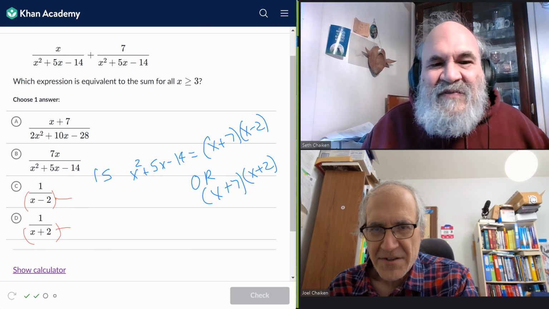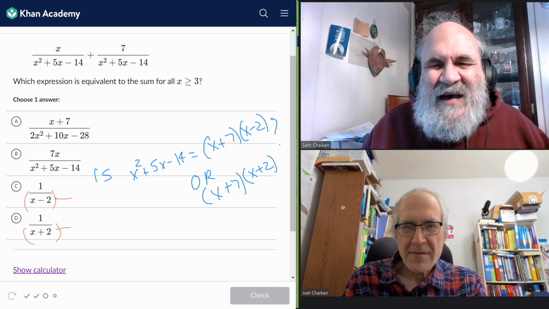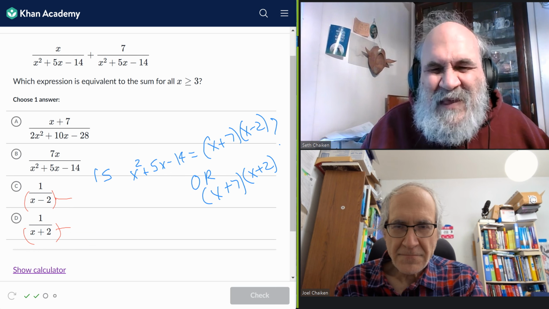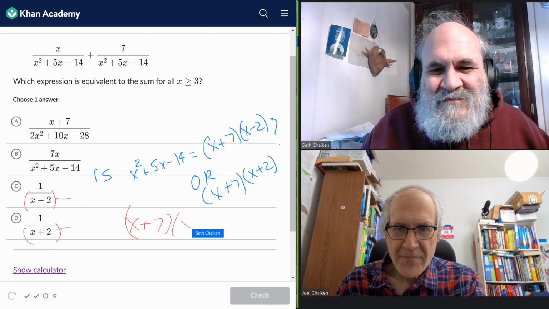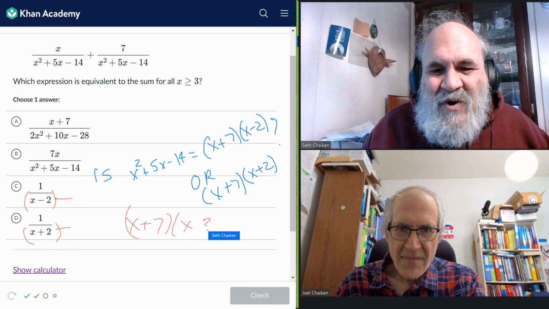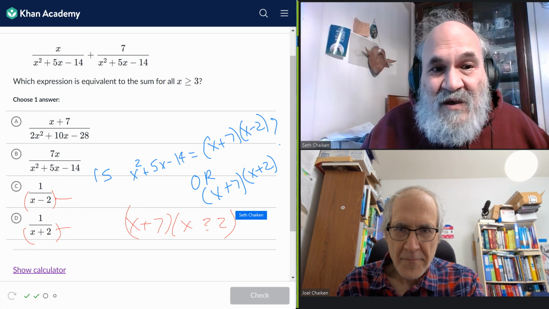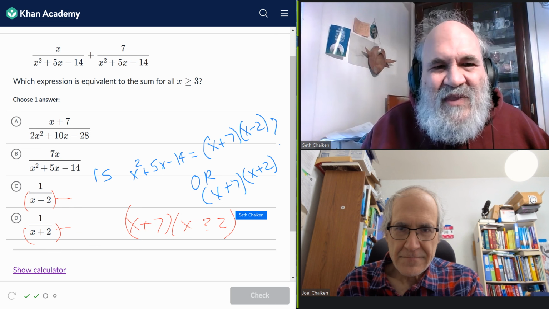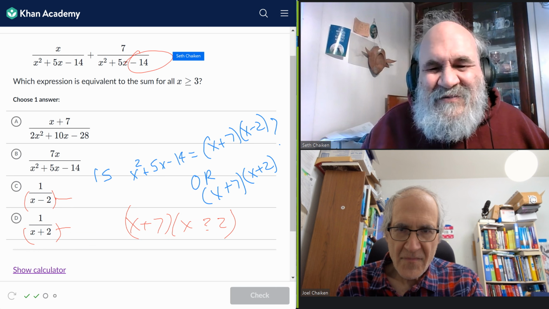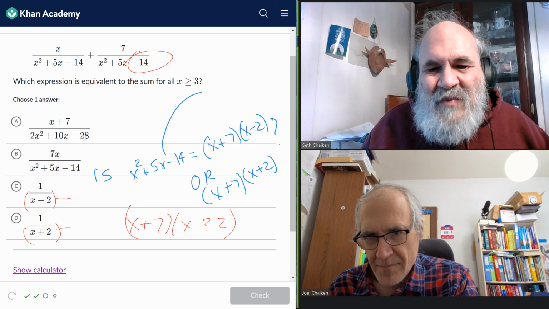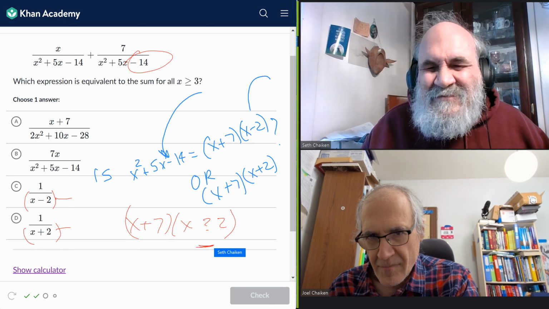Right. So you need to distinguish which one is the correct factor. The quick way to discover that is x plus 7 times x question mark 2, because the product is negative, the question mark must be negative.